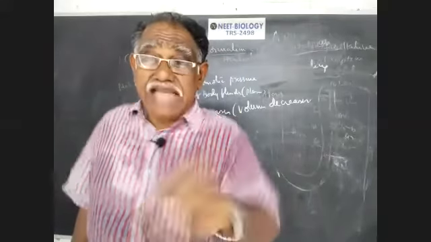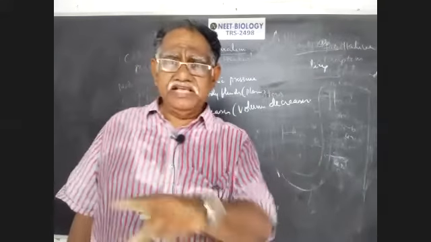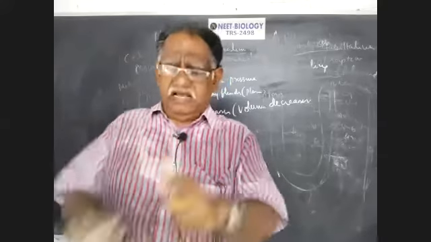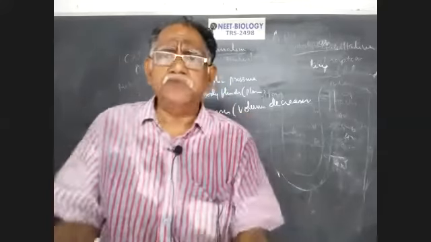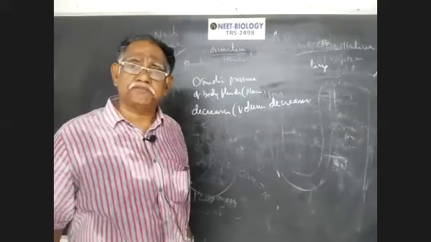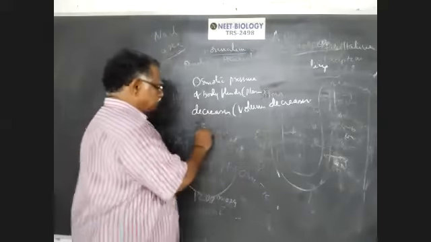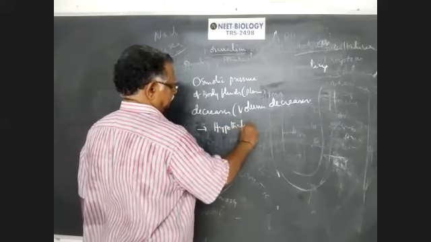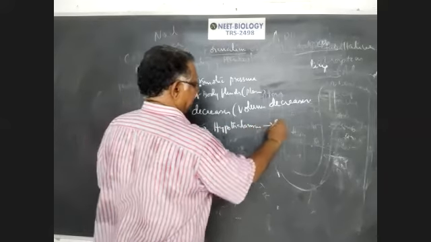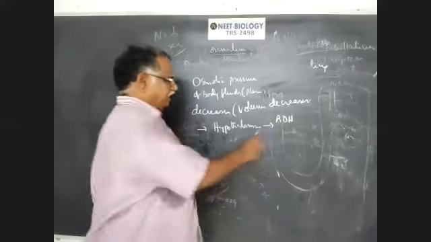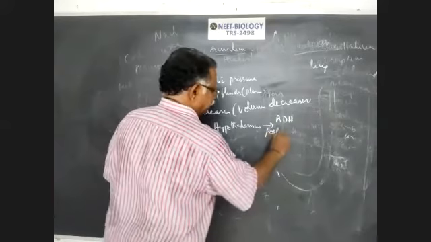Osmoreceptors activate. Any change in the volume of the body fluids including plasma, the osmoreceptors get stimulated. So the osmoreceptors are activated and stimulate the hypothalamus to secrete ADH, released by the posterior pituitary.